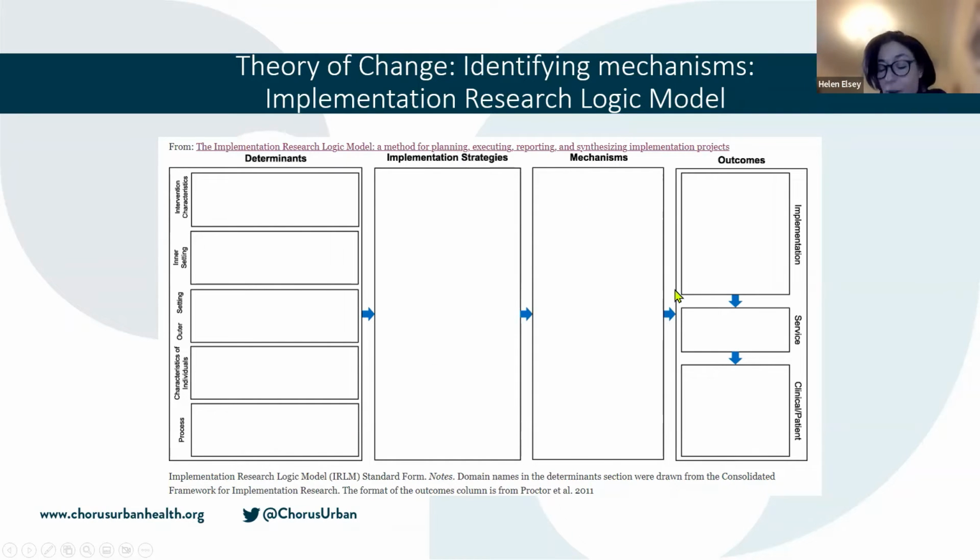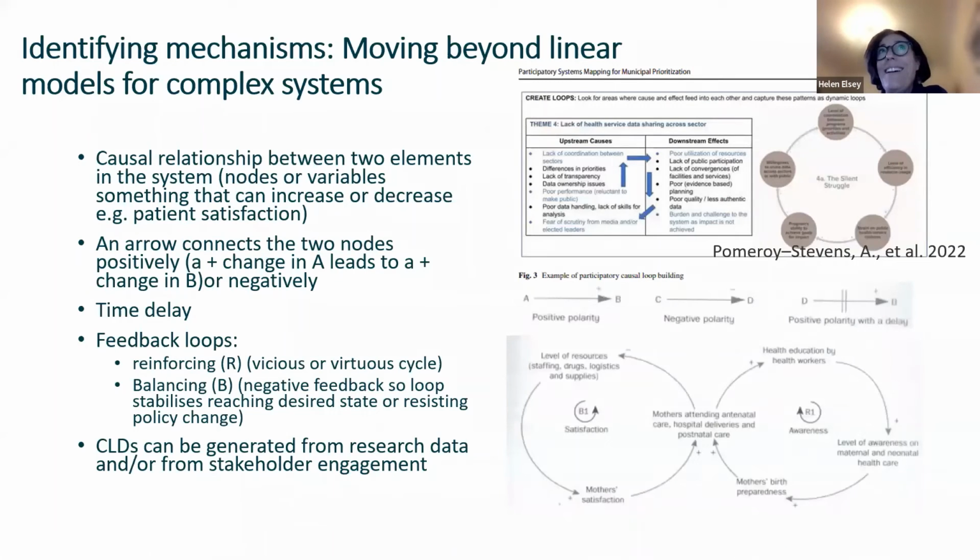So it's a useful framework, but one critique of that is that it's very linear and may not capture the complexity of health systems. So I also wanted to flag the more systems thinking approach that can help make sure that anything clearly laid out in a linear process is actually based on an understanding of the complexity within the health system.